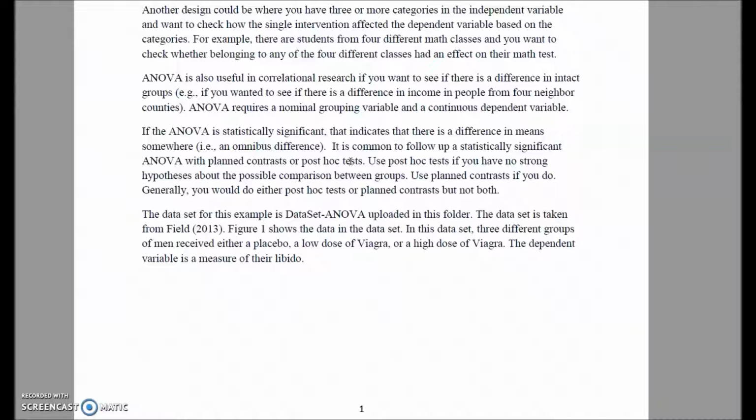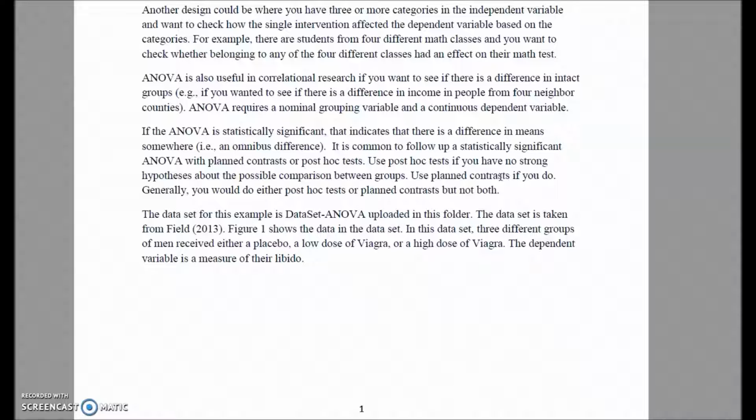But in a planned contrast, we do have a strong hypothesis. So you follow an ANOVA with either a planned contrast or a post hoc test. You never do both of them. You decide which one you want to do, but you only do one.